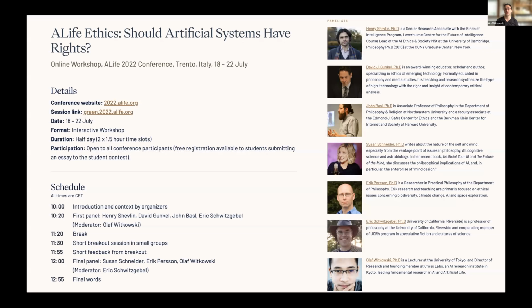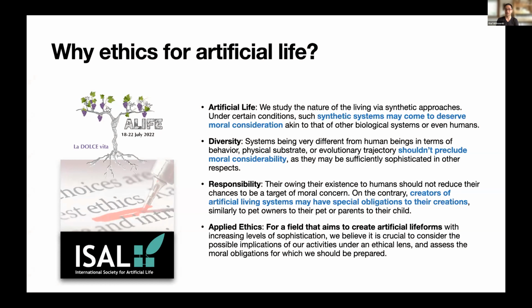So first, why ethics of artificial life? Artificial life is dealing with synthetic systems that may come either now or in the future deserving of moral consideration to some extent. And them being very different from human beings shouldn't preclude them from having rights or moral consideration.